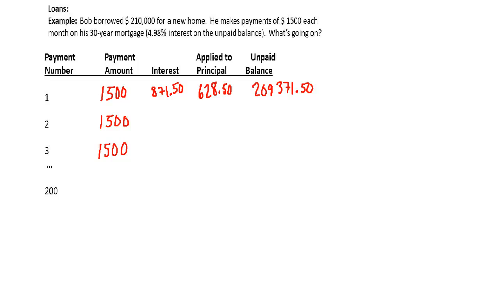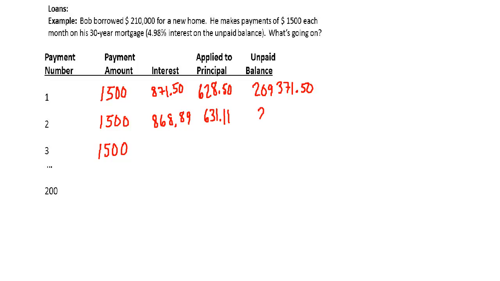So what happens when we go to the next month? Well, Bob is going to owe slightly less interest. He doesn't owe the bank $210,000 anymore. He owes the bank $209,371.50. And so when we take 4.98% of that divided by 12, in month 2, Bob only owes the bank $868.89 of interest, which means a few more dollars out of the $1,500 payment are actually going towards the principal.